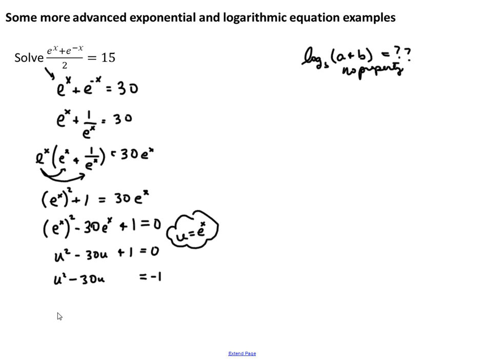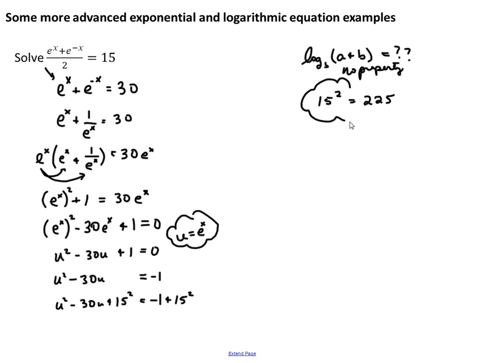And I would complete the square by taking half of 30 and adding its square to both sides. So I'm going to have u squared minus 30u plus the square of 15 is equal to negative 1 plus the square of 15. Well, what is 15 squared? 15 times 15 is 225.